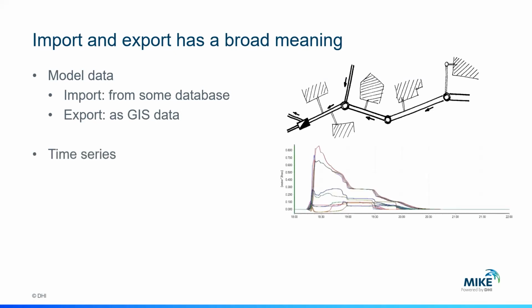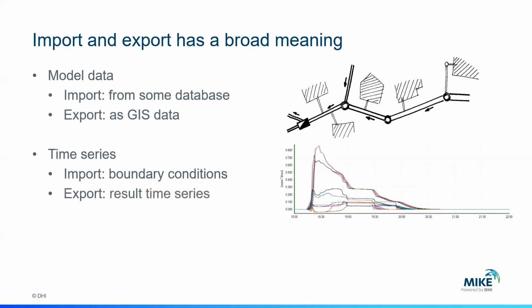But we may also think about time series when talking about import and export, and importing is usually boundary conditions like rainfall data and water levels in rivers. Export means usually exporting result time series, like here on the right-hand side, you have a discharge in reaches.